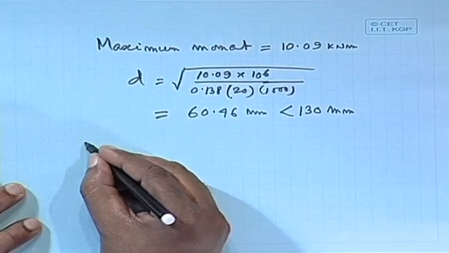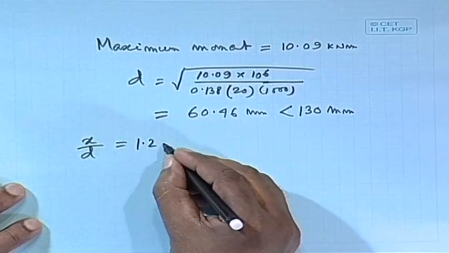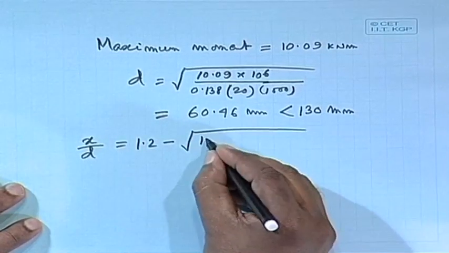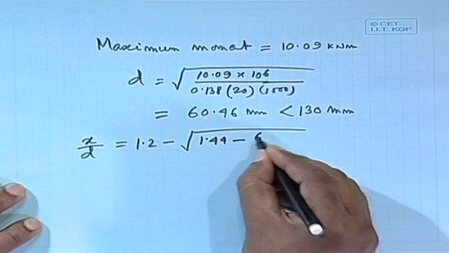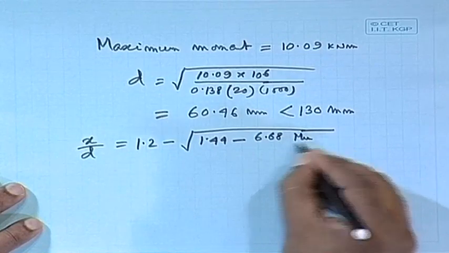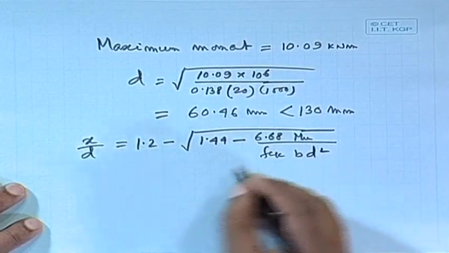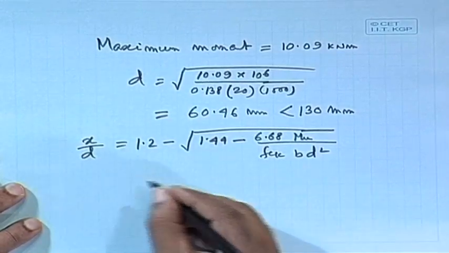So, let us complete this one, that we could find out immediately: x by d equals 1.2 minus root over 1.44 minus 6.68 Mu by fck b d square.